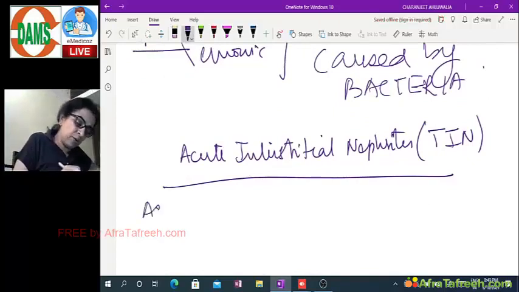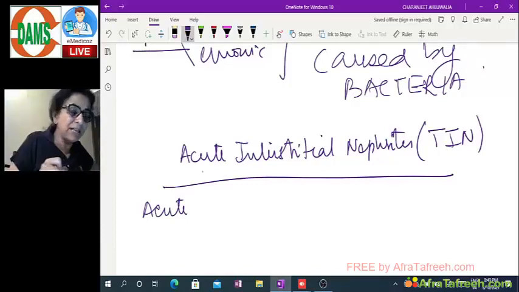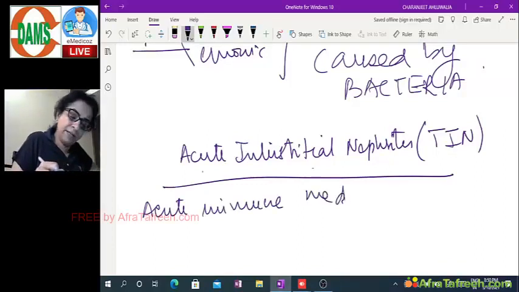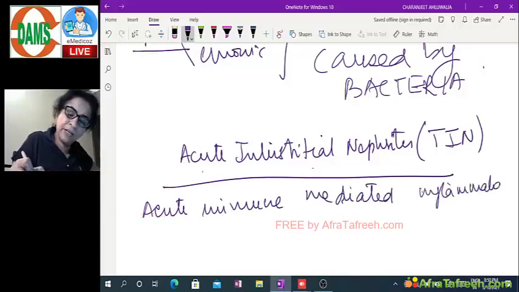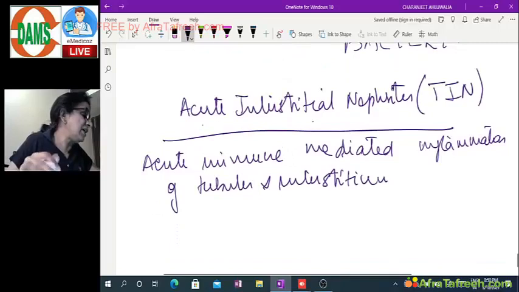I told you, if it is caused by bacteria, you will call it pyelonephritis, but if it is due to other causes, you will call it acute tubulointerstitial nephritis. So acute immune mediated inflammation of tubules and interstitium is called acute tubulointerstitial nephritis.